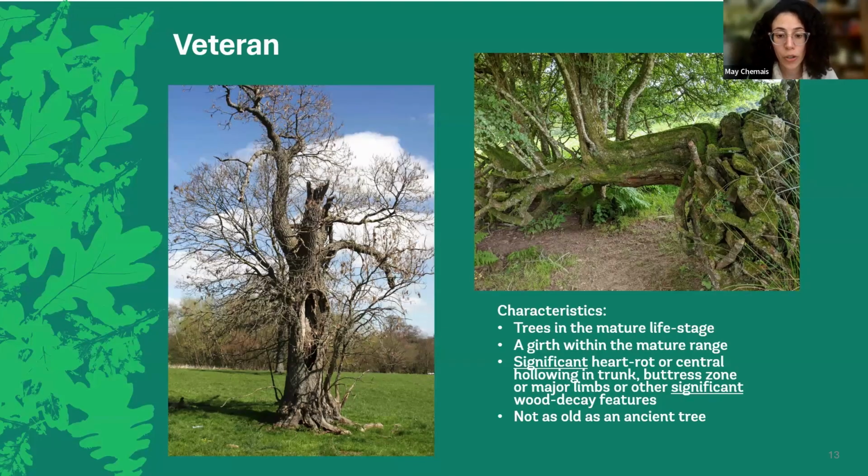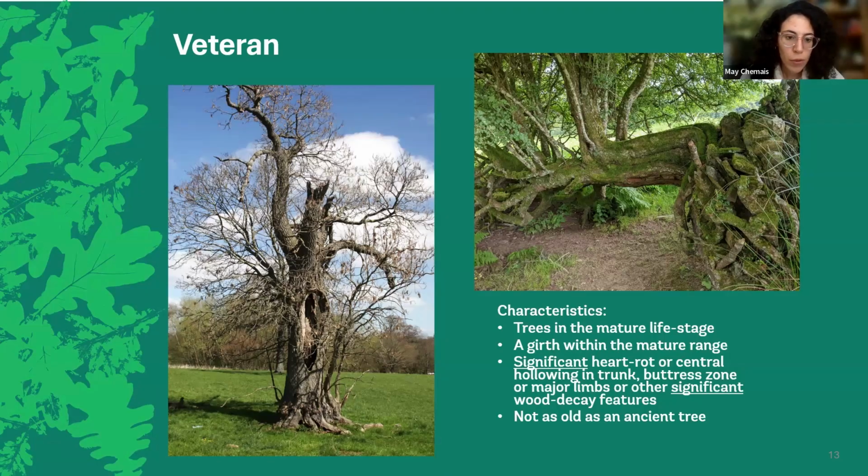It can have a larger girth, but it wouldn't be as big and thick as your ancient tree. But what makes it veteran and what makes it important is that it has the significant decay features that I mentioned, like heart rot, so hollowing, and it will also hollow in the crown as well, or it will have lots of holes and water pockets.